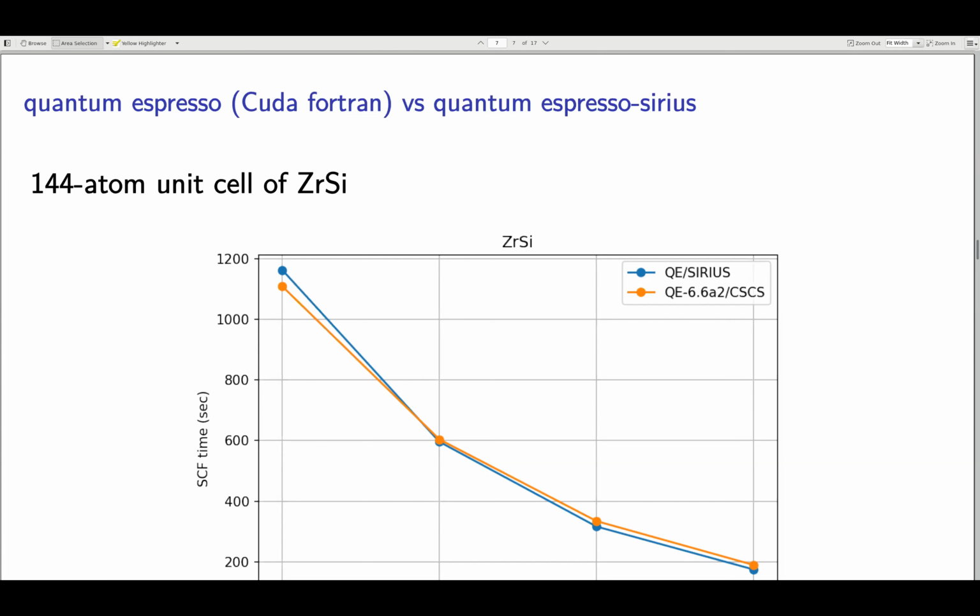As you can see, both codes now support GPU, but the problem with the current version of Quantum Espresso is that it only supports CUDA hardware, while Sirius is far more generic, which means that you can run the same simulation on AMD GPU or NVIDIA GPU, and hopefully on Intel GPU when they will be available on the market.